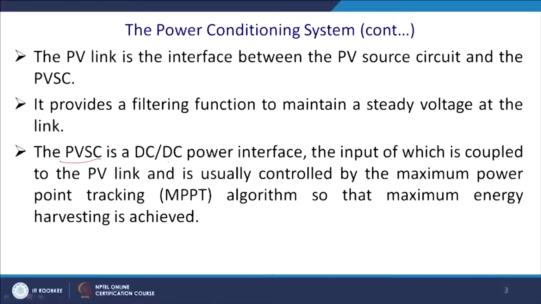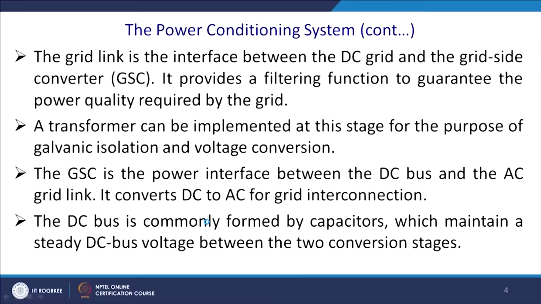The PVSC is a DC to DC power interface, the input of which is coupled to the PV link and is usually controlled by the maximum power point tracking algorithm, so that maximum energy harvesting is achieved, so that we can take what solar generates at max.